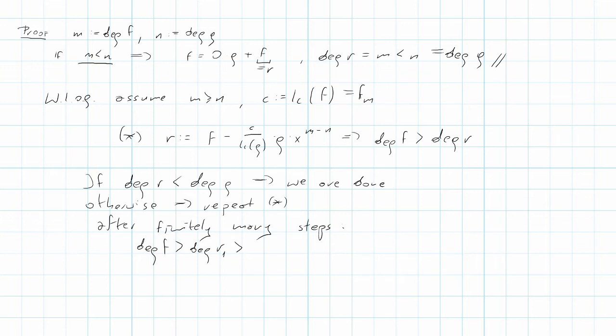Then we replace f by r and repeat step star, then we have some degree r2, and so on.